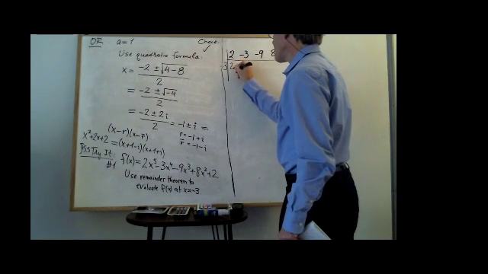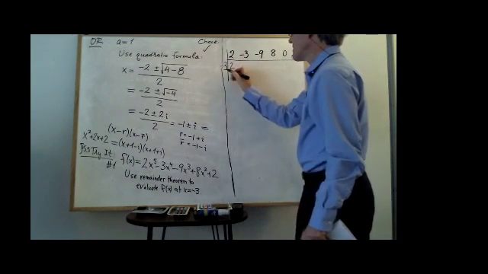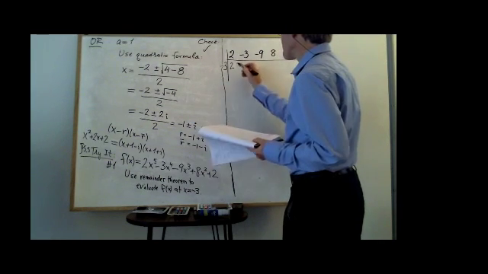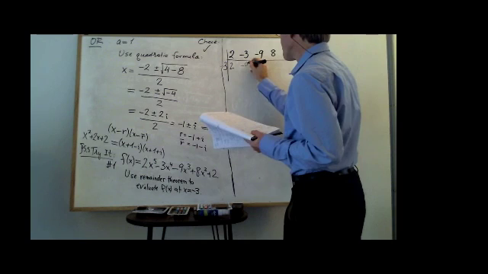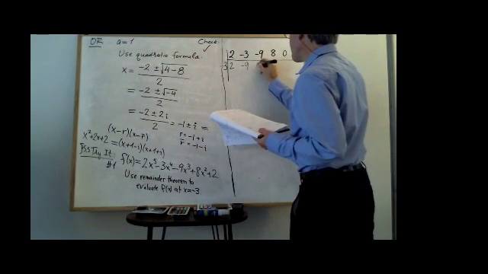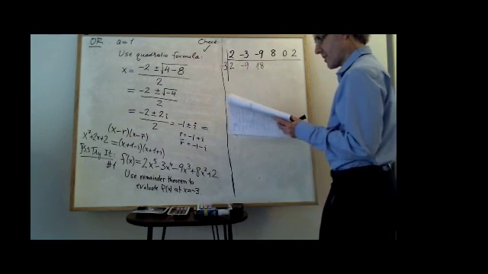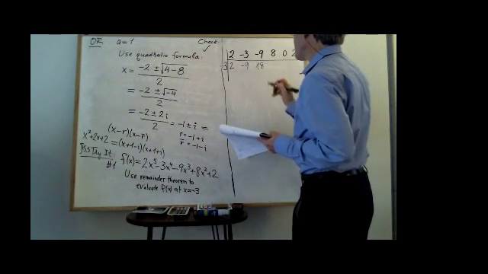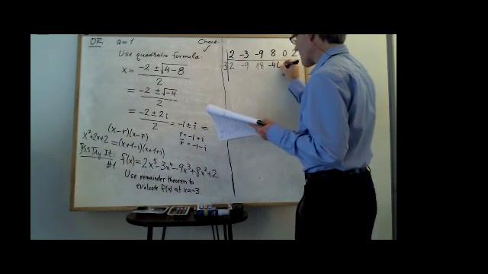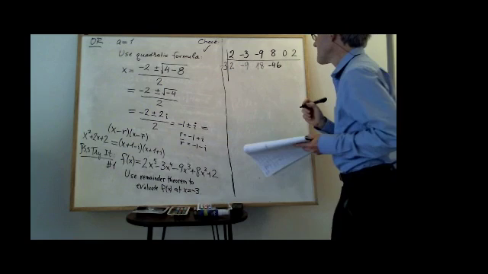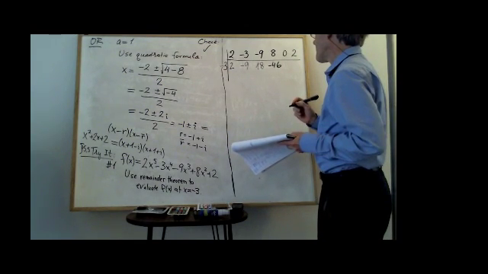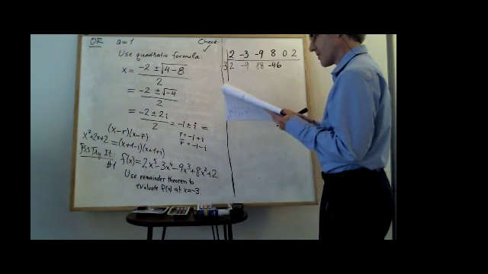So I write down the same coefficient 2. 2 times minus 3 is minus 6, minus 3 is minus 9. Minus 3 times minus 9 is plus 27, minus 9 is 18. Minus 3 times 18 is minus 54, plus 8 is minus 46. Minus 3 times minus 46 is 138.